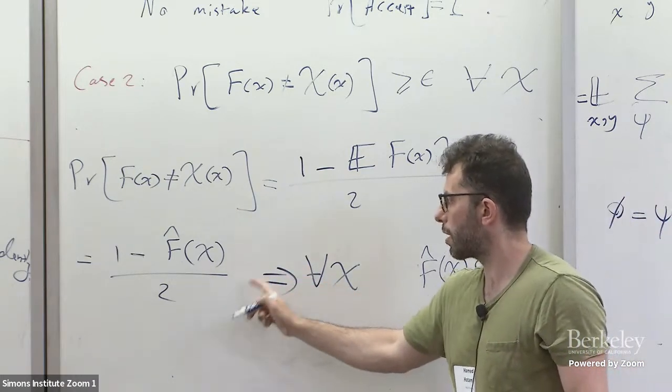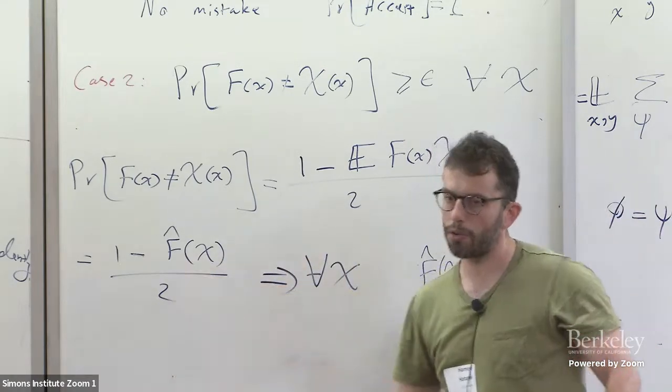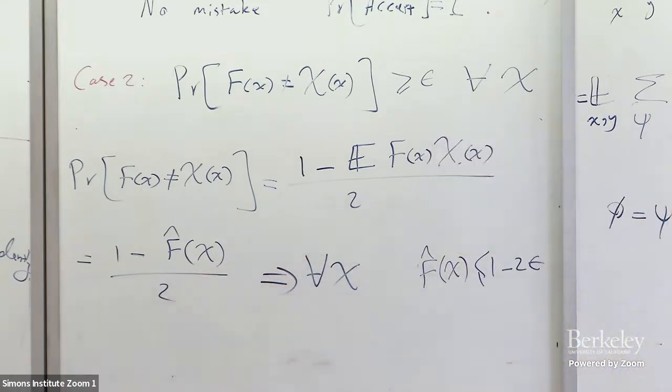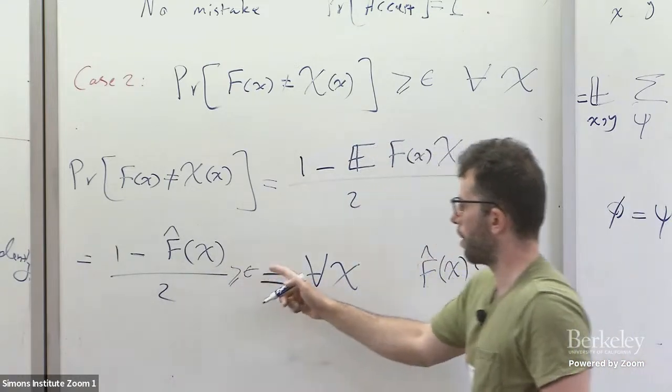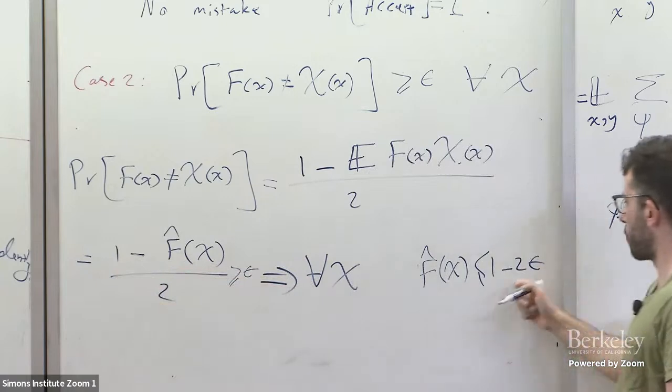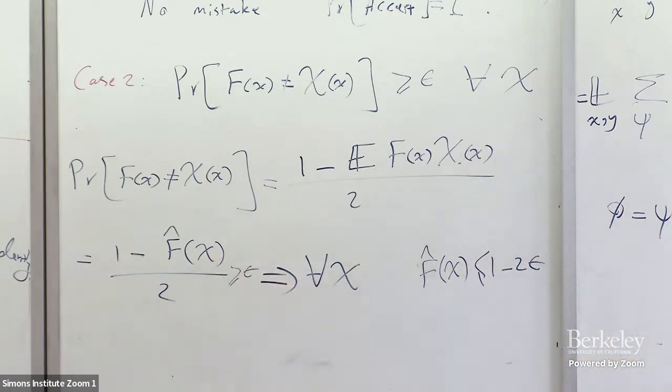If this is at least epsilon, you move things around, so you get that f hat of chi is at most, this thing being epsilon is 2 epsilon moved to the other side, 1 minus 2 epsilon. So none of the Fourier coefficients are too close to 1.